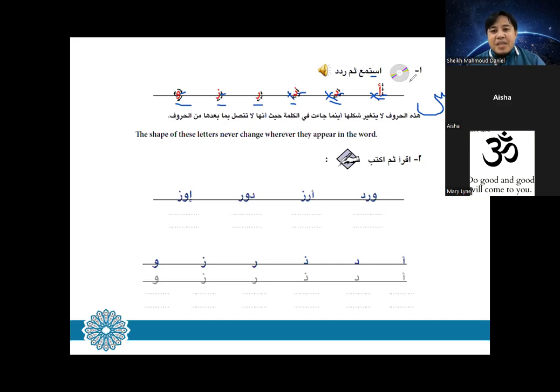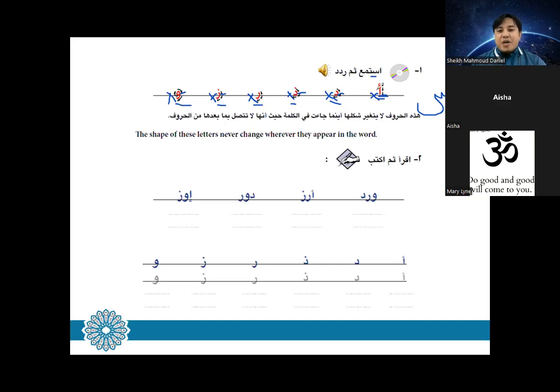Not like the sin connected to the ta connected to the mim connected to the ain: istami'. Not in that case. So these 6 letters are special letters that can be connected from the beginning, but can never be connected at the end or after. Okay, easy.